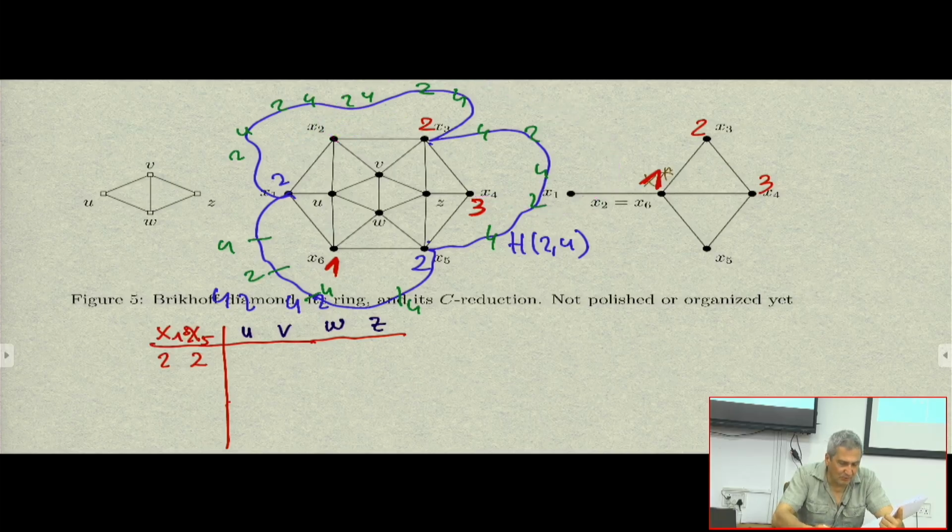And then we can put here color 3. And then we can extend it. Cu will be now 4, Cv will be 1, Cw will be 3, and Cz will be 4. So this is how you do it.